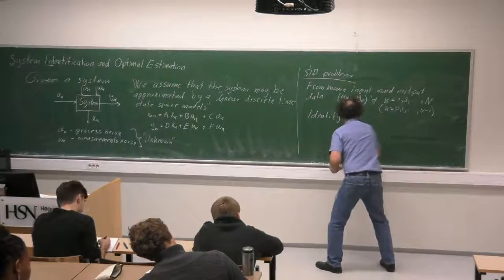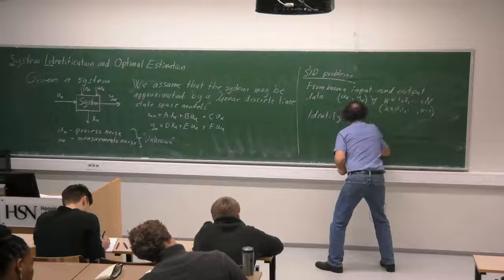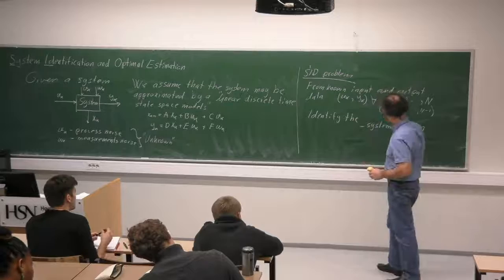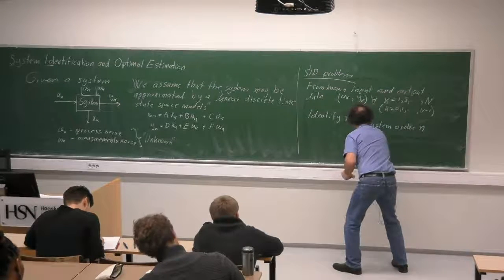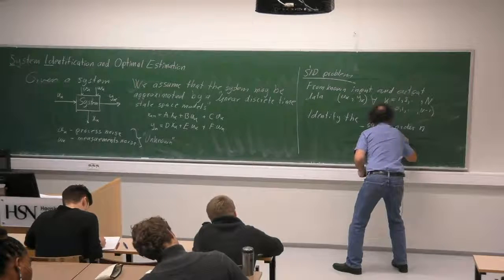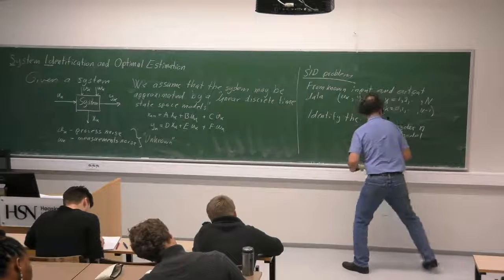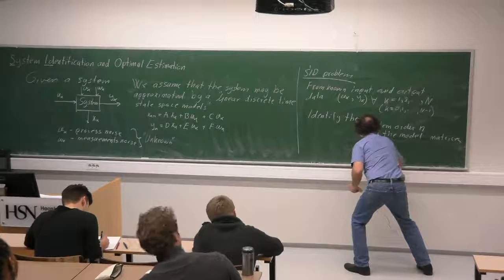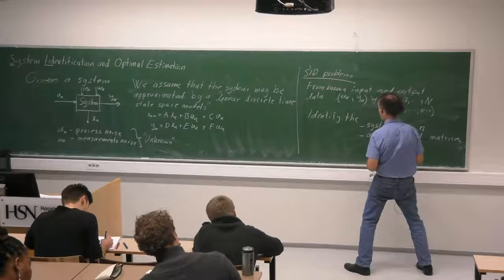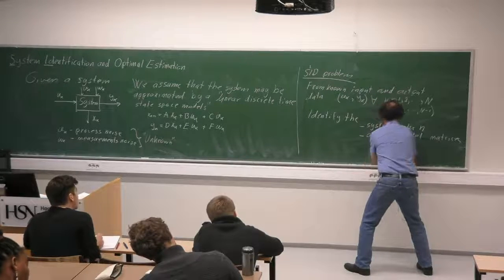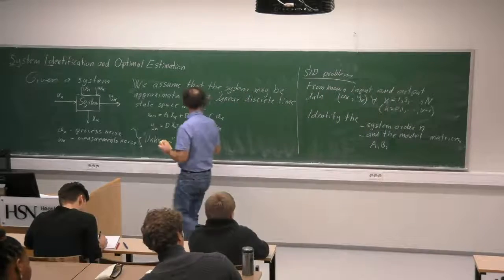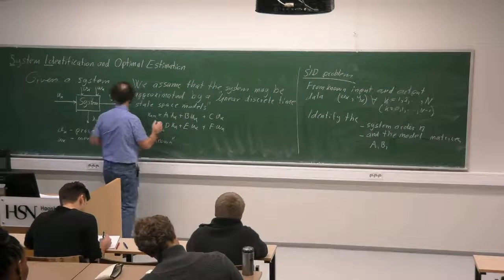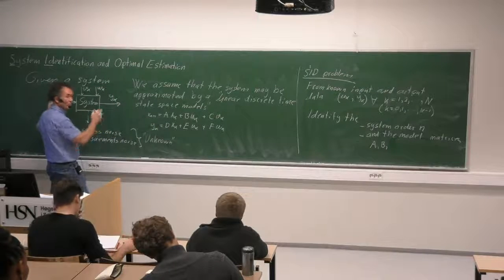Identify the system order and the model matrices A, B, C. I usually order them this way, because very often the most important part of such a general discrete time model is A, B, D, E, which describes the behavior from the input to the output.